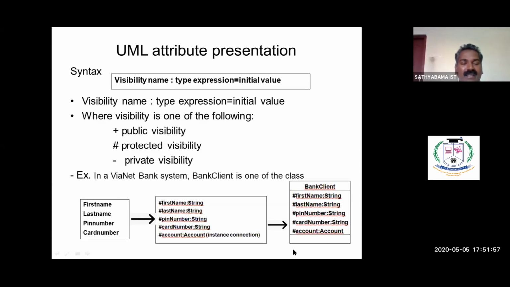If the attribute is public, we use a plus symbol. Protected has its own symbol for representing the visibility.